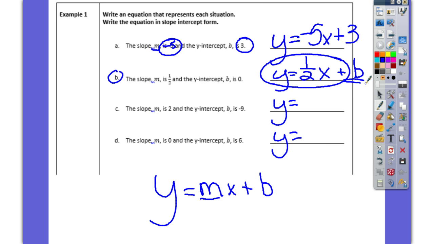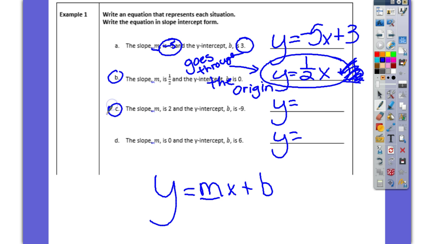That doesn't mean we don't have a y-intercept. We just know the intercept is always 0. So we always know that this equation goes through the origin, 0, 0.